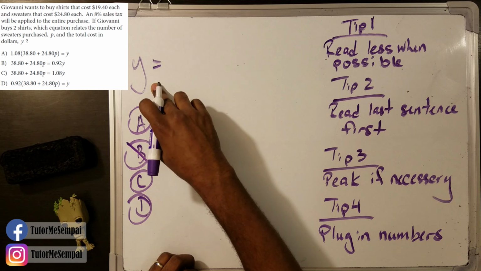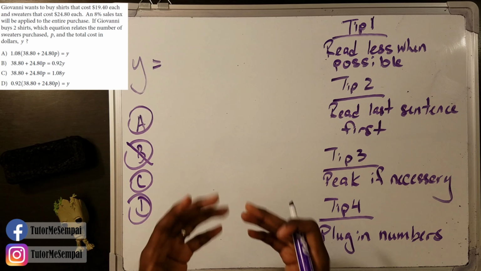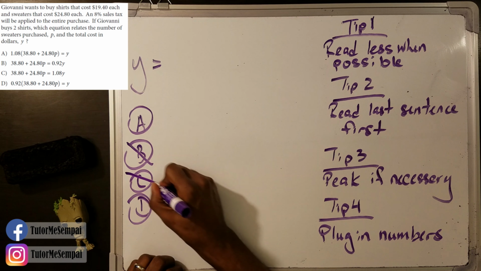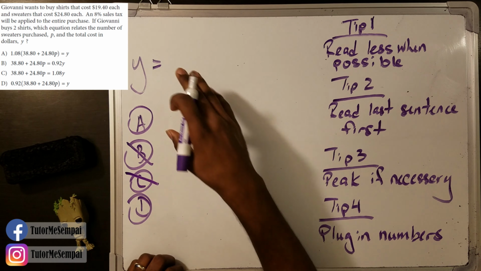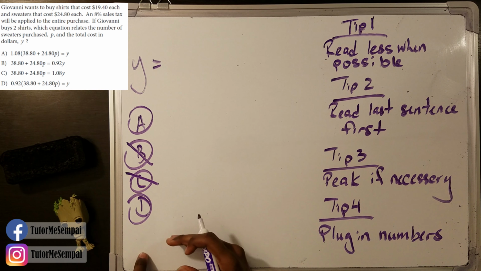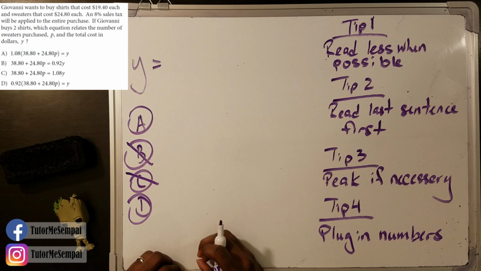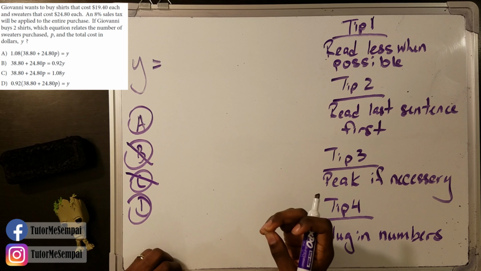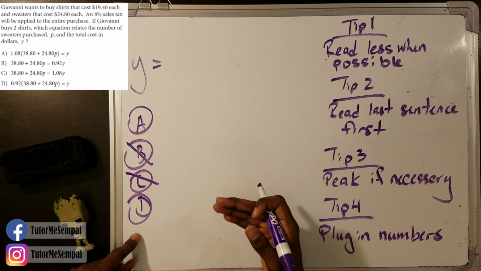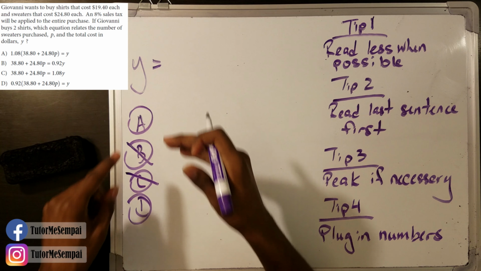We want to try to find Y equals because we want to try to build this equation to solve for Y. Likewise, for C, we don't have Y by itself. We want to have our Y, our total cost, by itself. D does have Y by itself. So you see, just by reading that last sentence, I've already eliminated 2 of my possible answers. Now we're just looking at A and D.